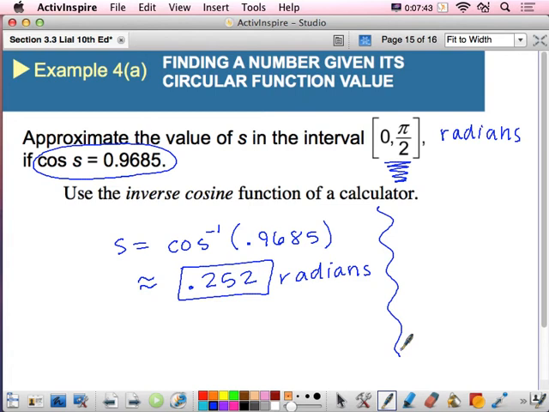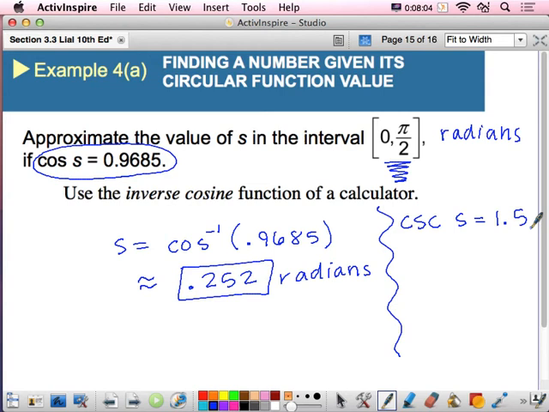I'm going to ask you to find the angle whose cosecant is equal to, I don't know, how about -1.5? No, not -1.5. Positive 1.5, yeah. That should work.